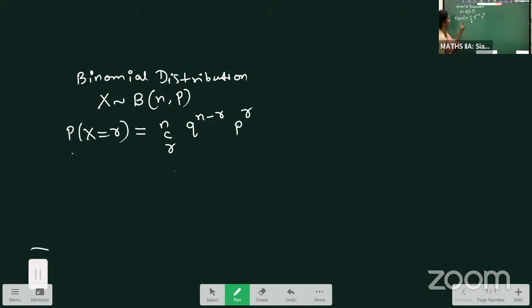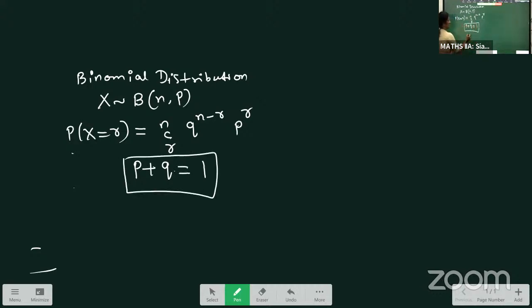If you know the p value, you can find q, or if you know the q value, you can find p by using p plus q equals 1. So p equals 1 minus q, or q equals 1 minus p. This is how you expand the binomial distribution: probability of X equals r is nCr q to the power n minus r and p to the power r.